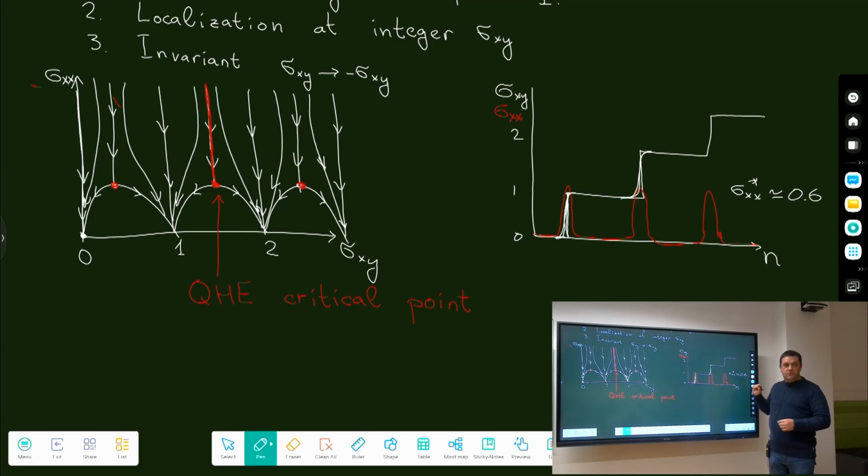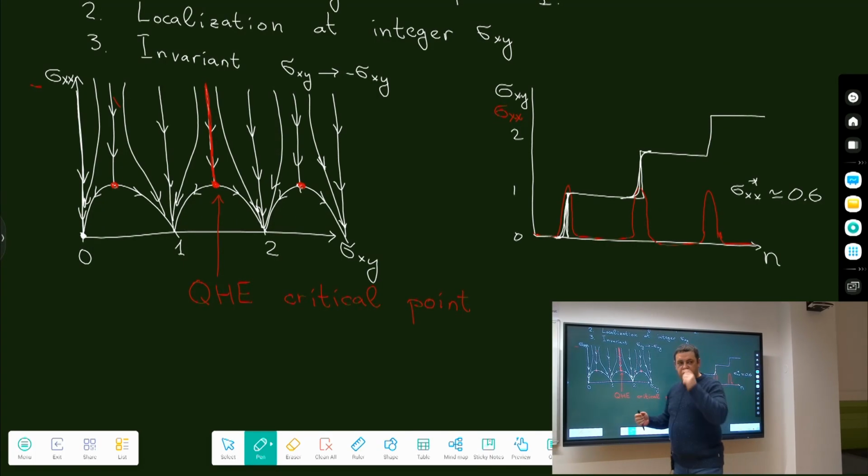Therefore, this value, as well as critical exponents, for example, there is a very important critical exponent called nu, which tells you how fast you deviate from this point. I mean, how unstable this flow is. And this exponent is responsible for what is called the localization length exponent at this point.